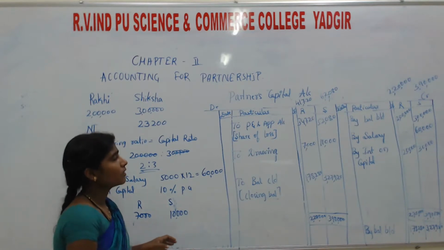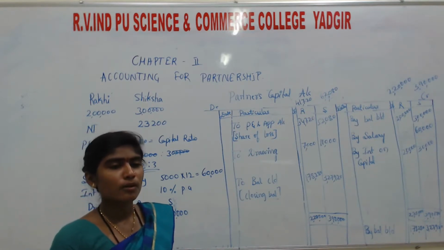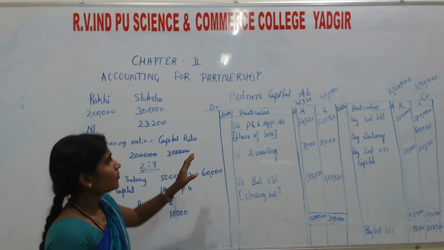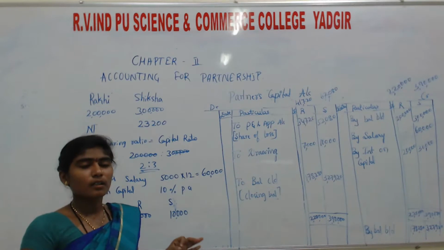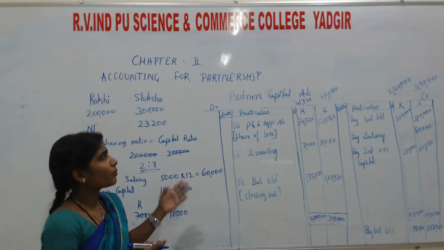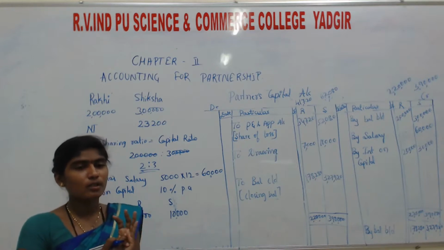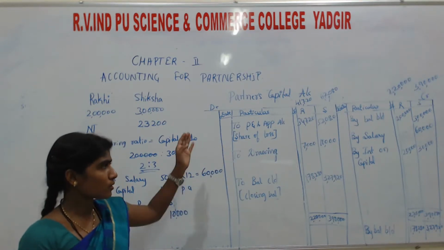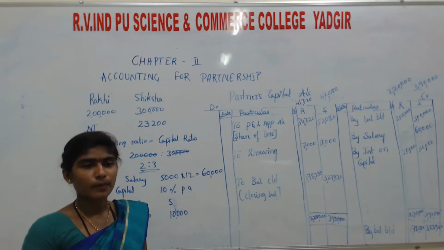Like this, you also solve the questions. Okay. If they are asking to prepare profit and loss appropriation account, then partners' capital account, then you have to solve like this. Okay.